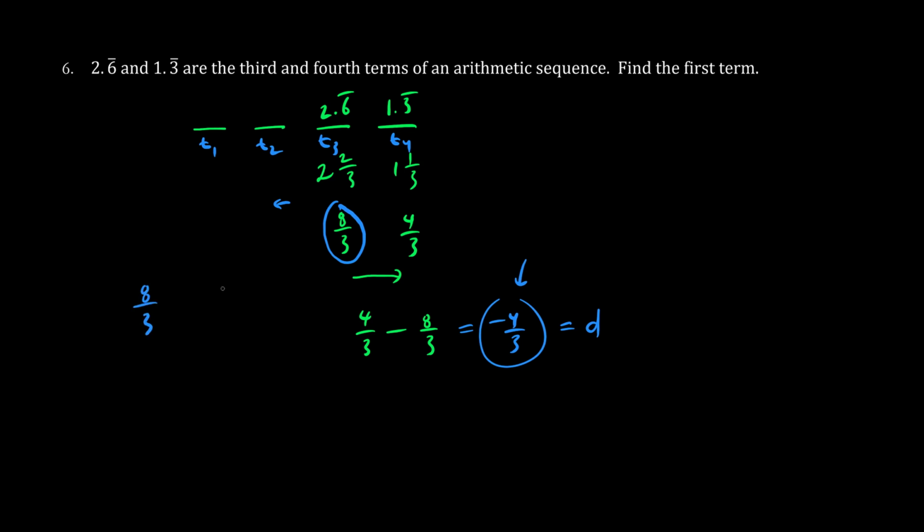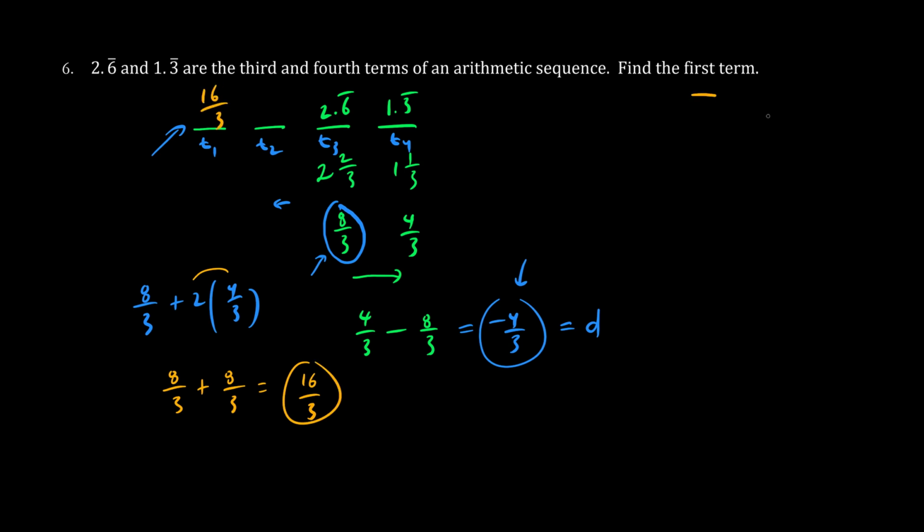So we'll take this term 3 number and we'll add 2 times 4/3 to get the original term 1. So what's 8/3 plus 2 times 4/3? The answer is 16/3. This happens to be our term 1, the first term.